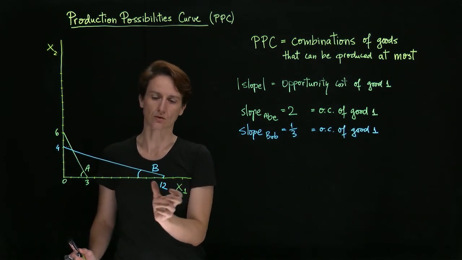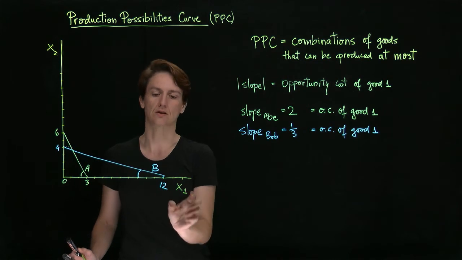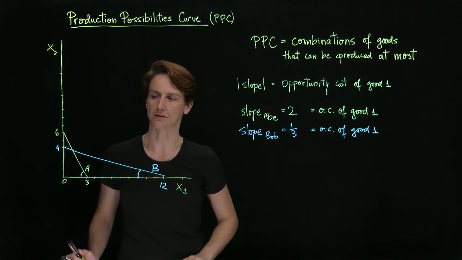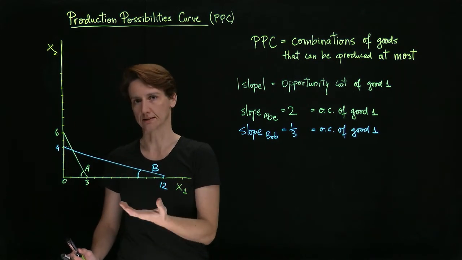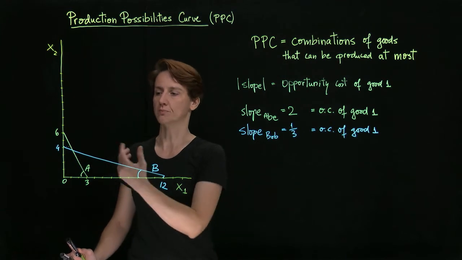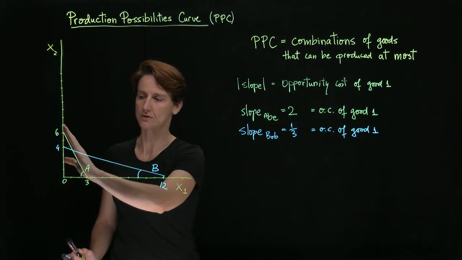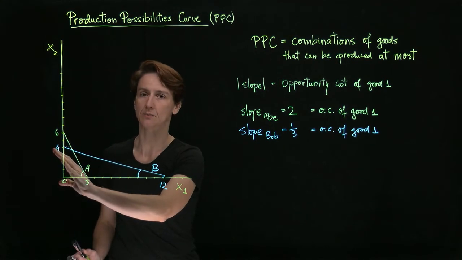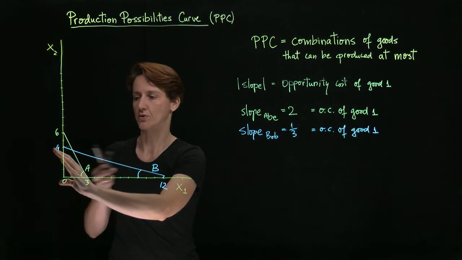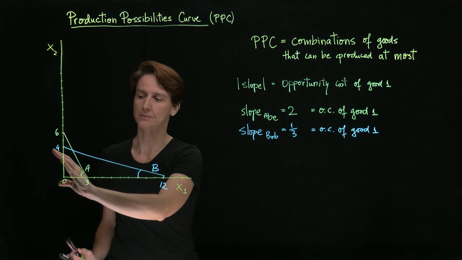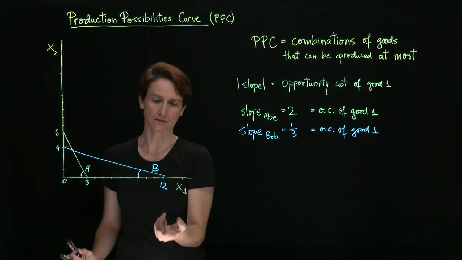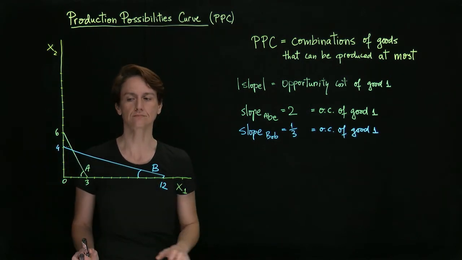As it happens, they also have the absolute advantage in good 1 and good 2, respectively, but that's not always necessarily the case. So for example, suppose that Abe was less productive overall in both goods. Bob would have the absolute advantage for both goods, but still would only have the comparative advantage for good 1.